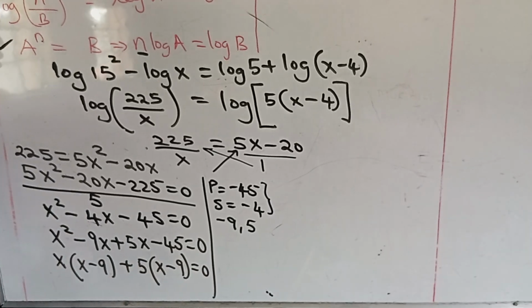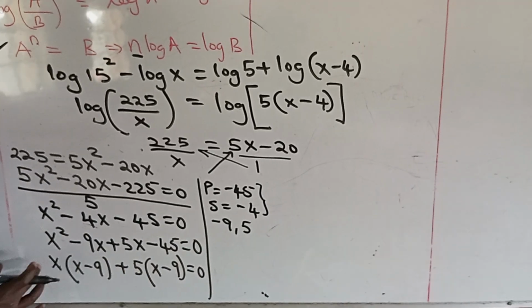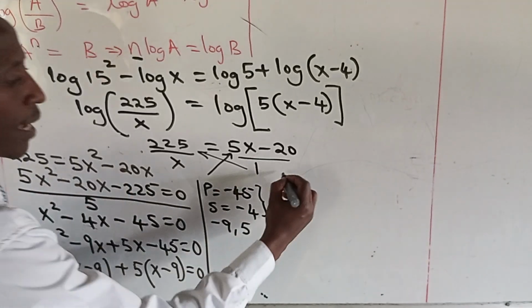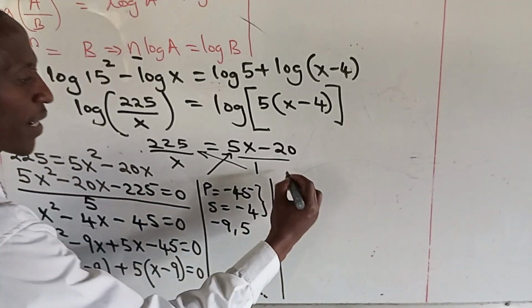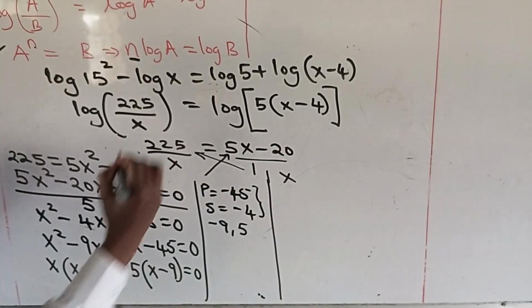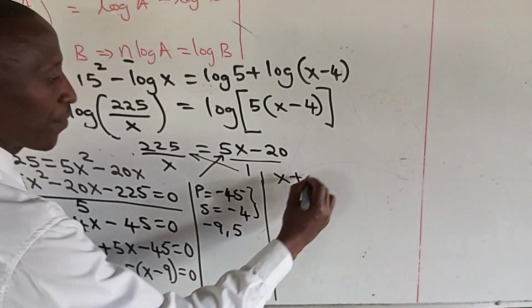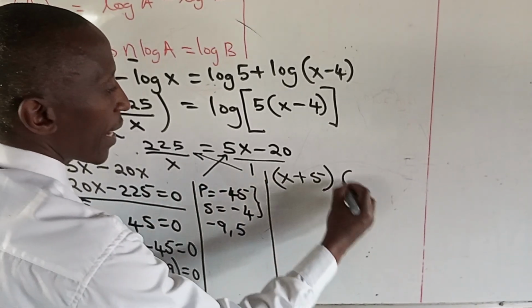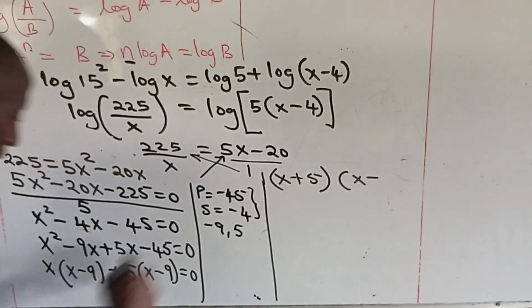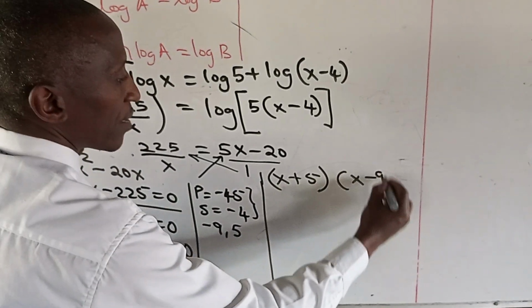So at that point, we can get the factors as x plus 5 and x minus 9 is equal to 0.